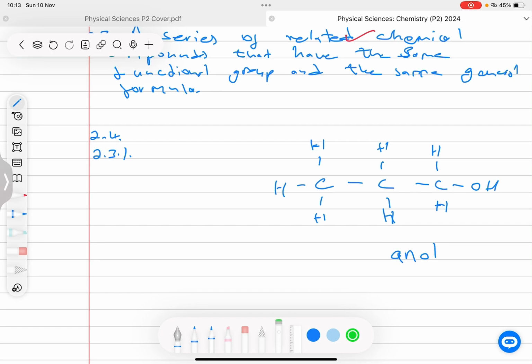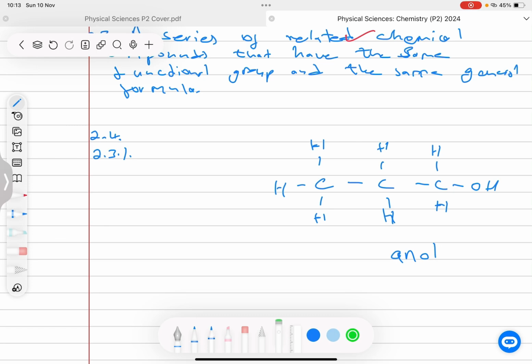The second thing that we do is that we identify the longest continuous carbon chain. Now, if we look at this molecule, it is a very simple molecule because our carbon chain is only here. We don't have any branched chain. So this will be the longest continuous carbon chain that we have. Now we allocate a prefix to this carbon chain to say there are 1, 2, 3 carbons.